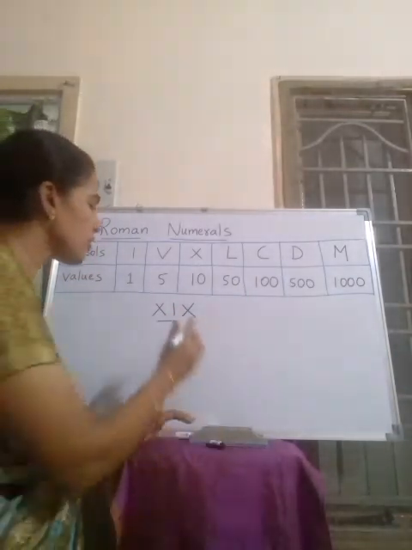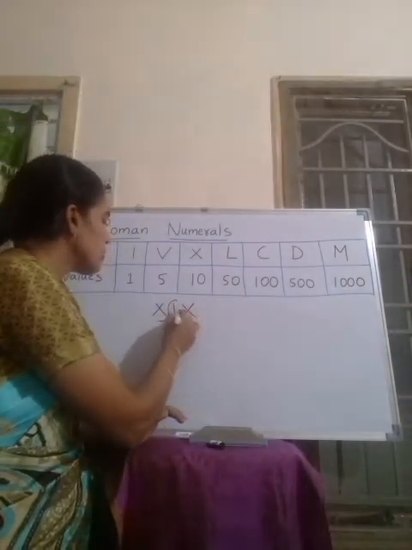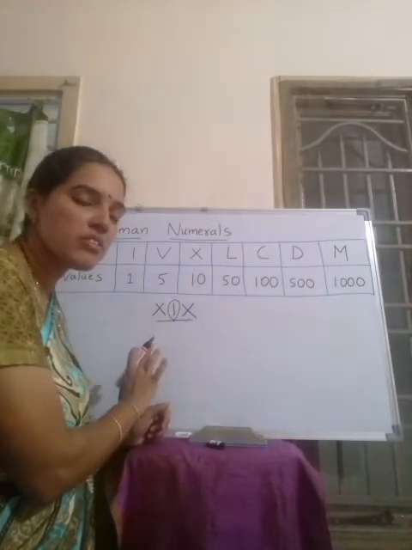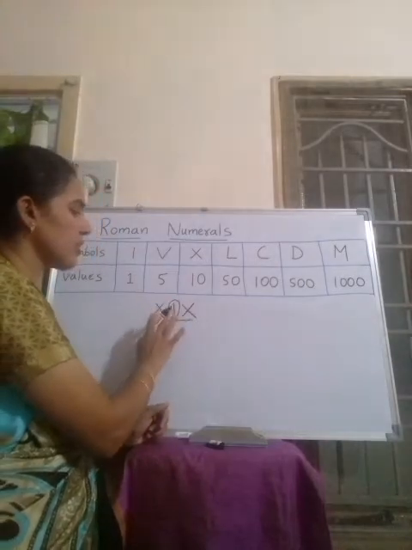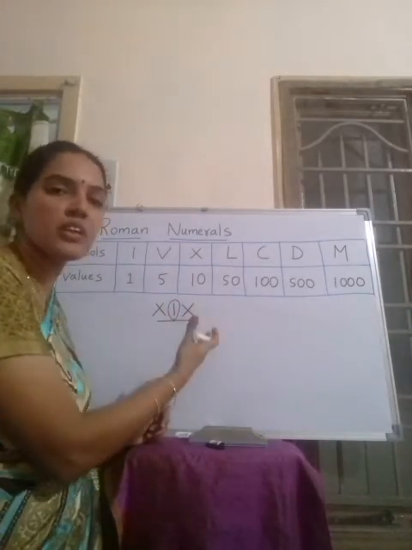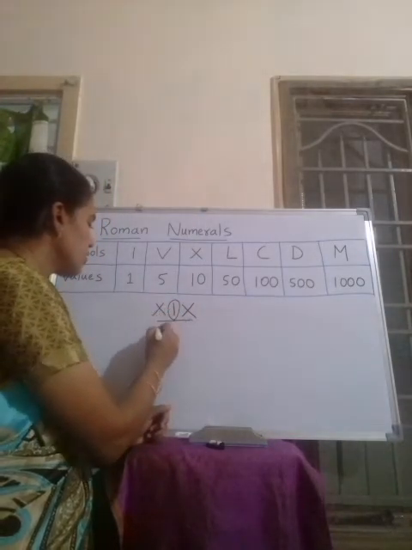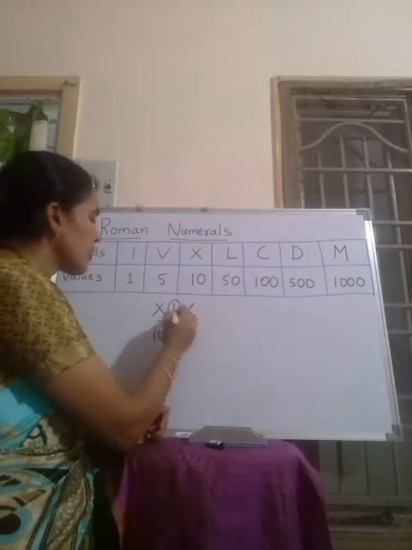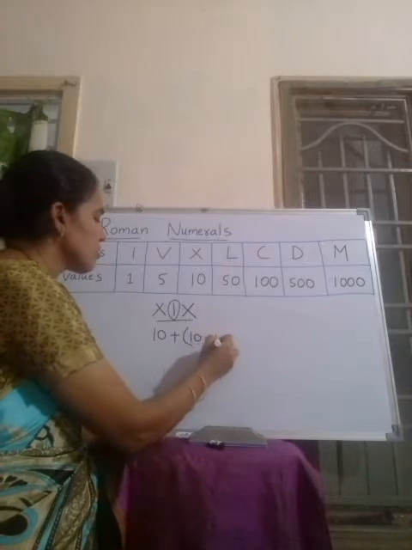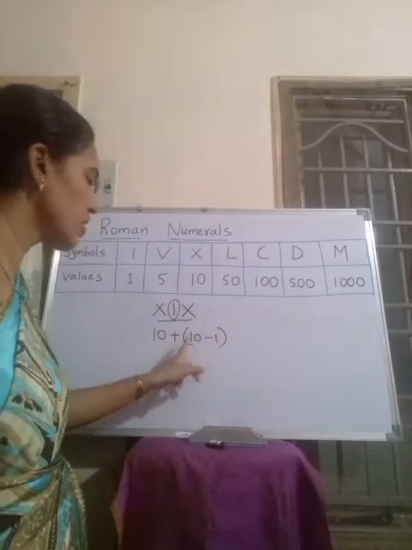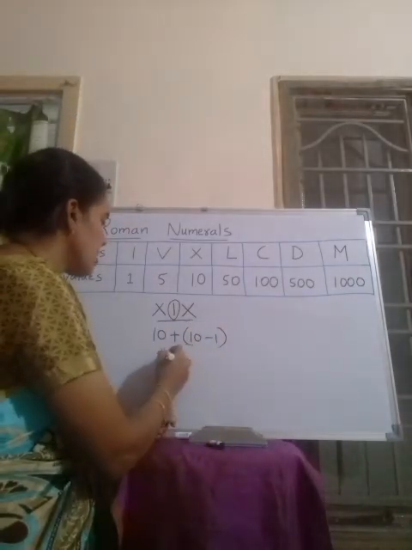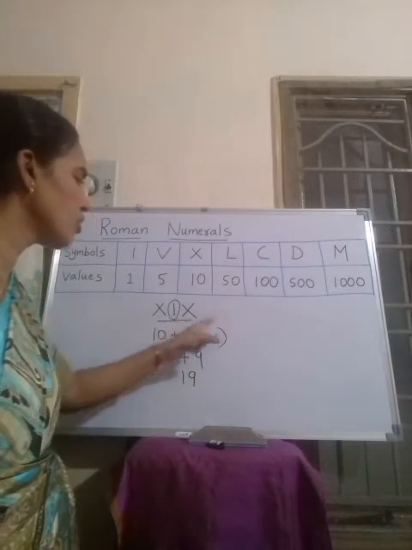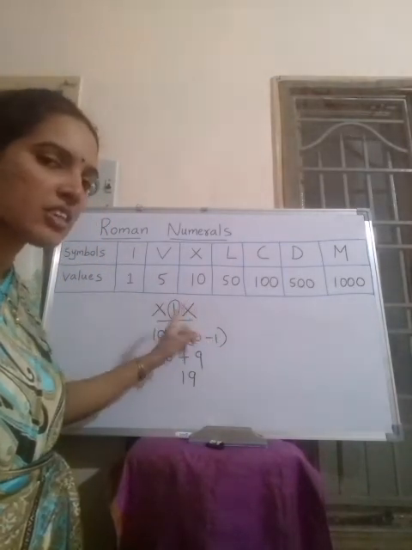Always remember, if a smaller symbol is there in between two larger symbols, then the smaller symbol value we subtract from the last symbol, which is immediately following it. That is, the X value is 10 we write, and then we subtract this I value from this 10 following, that is 10 minus 1, that is 10 plus 9, that is 19, where the value of this symbol IX is 19.